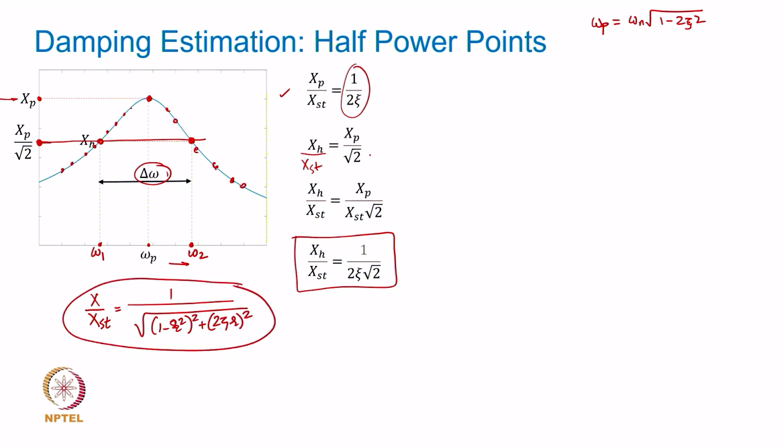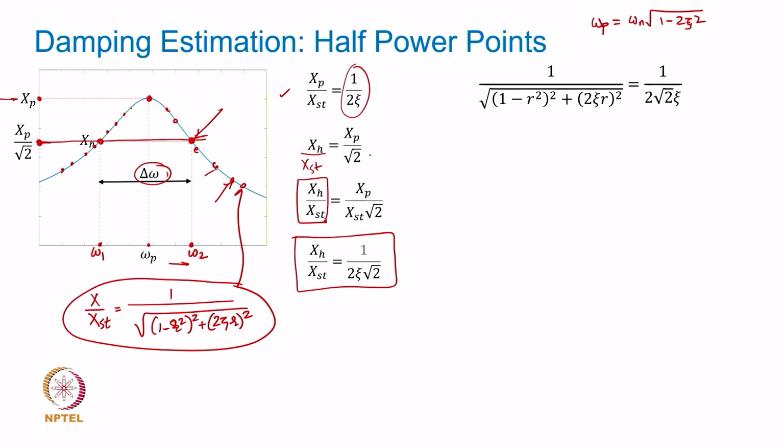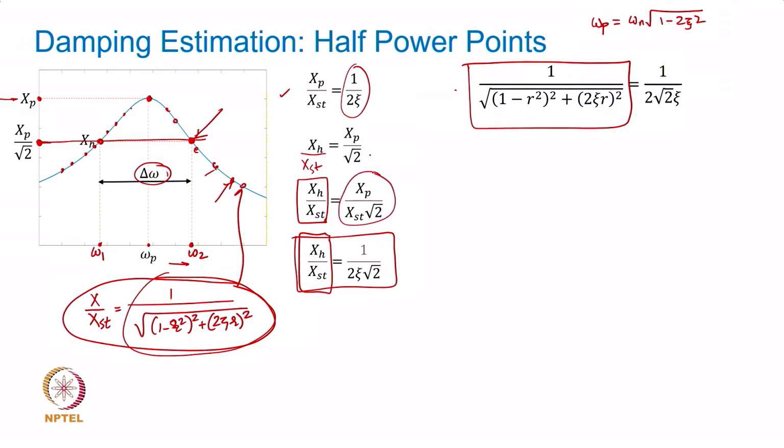This expression is valid for all these points, so it will be valid for the half power point also. So I can write this half power point as 1 upon this expression, and I equate it to the right hand side expression.